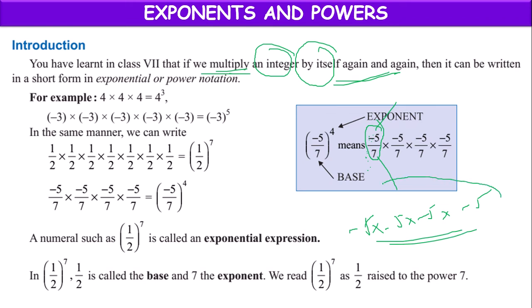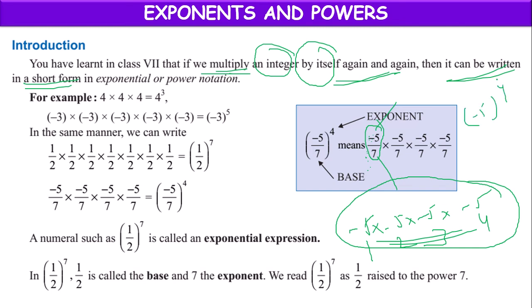then instead of multiplying the same number so many times, it can be written in a short form, because minus 5 is multiplied by itself one time, second time, third time, four times. So this can be written in short form as minus 5 whole power 4.